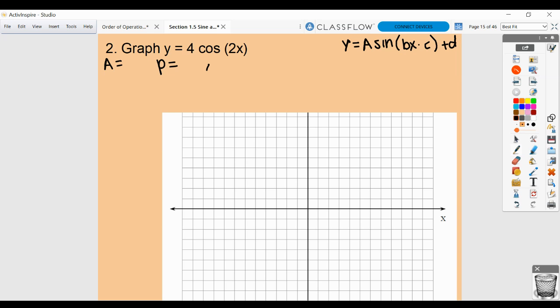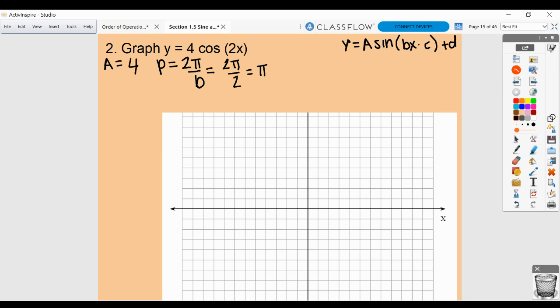So amplitude is always that number in front, and so it's a 4. Period is 2 pi over b, and b is that number in front of the x. So it would be 2 pi over 2, which would be pi.